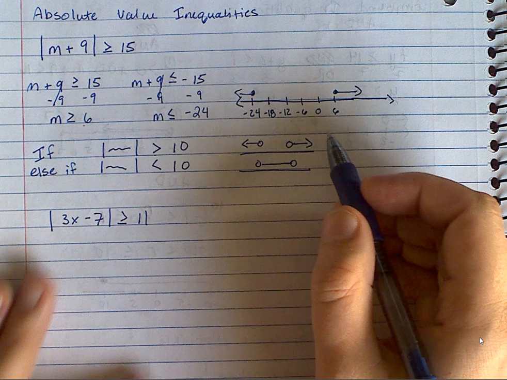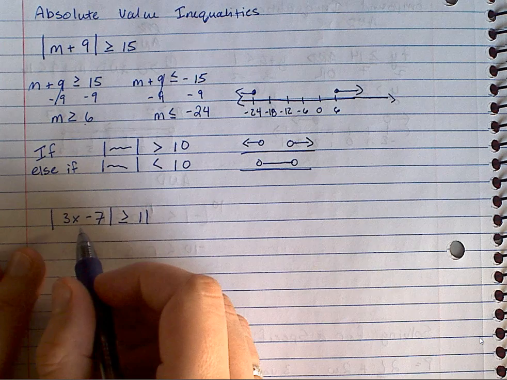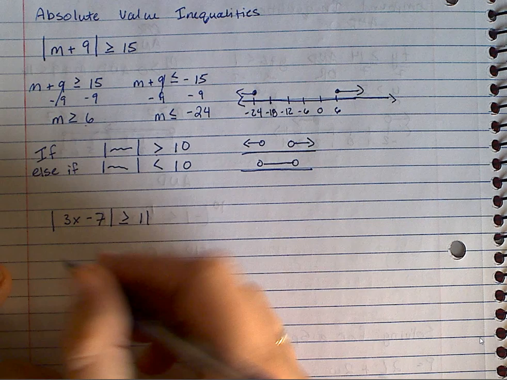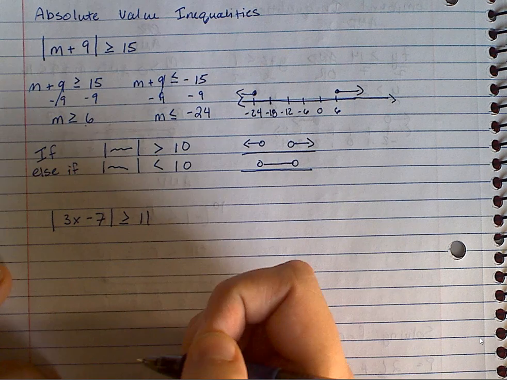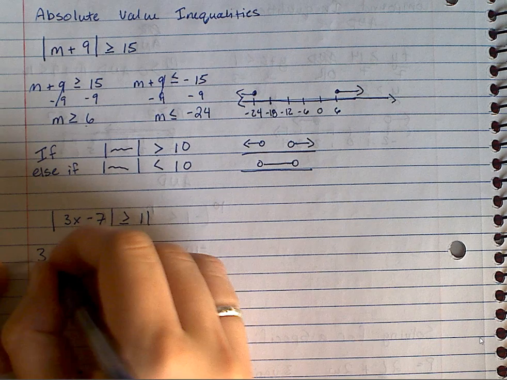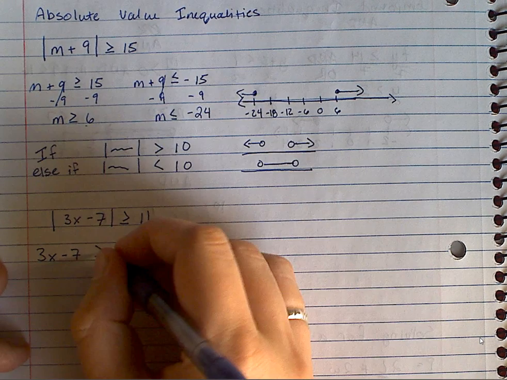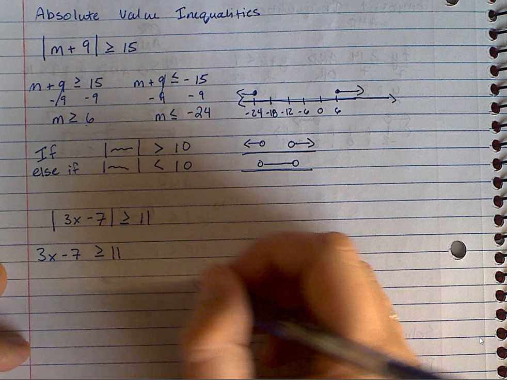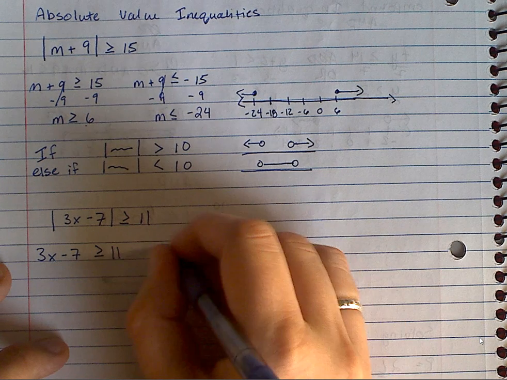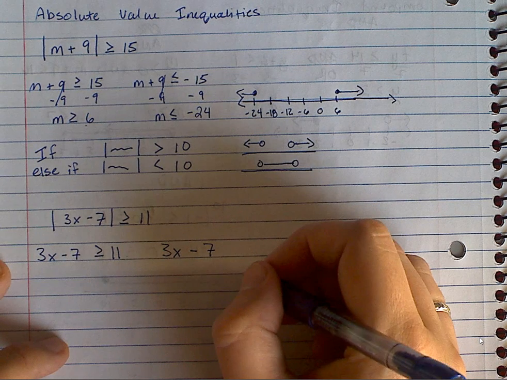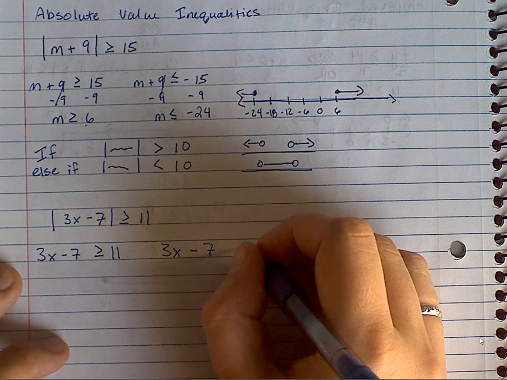All right, so now the next thing we should do is split this into two separate equations. Riley, what should one equation look like? 3x minus 7 is greater than or equal to 11. Perfect. Nathan, what should the other equation look like? 3x minus 7 is greater than negative 11.